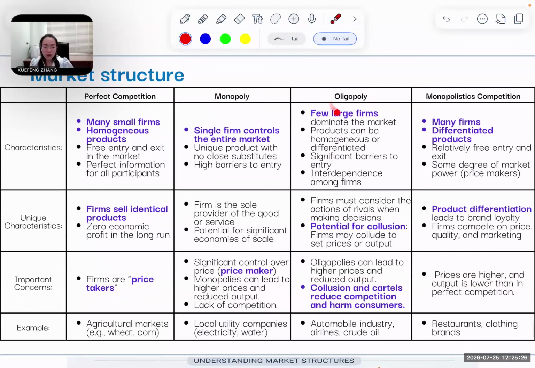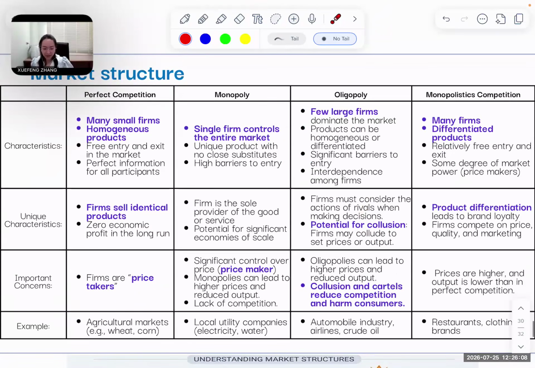Next one, oligopoly. A few large firms dominate the market. Products can be homogeneous or differentiated, the same or different. There are significant barriers to entry and interdependence among firms. So there's a possibility that those firms may collude. Firms may collude to set prices or output, like the example that I told you.